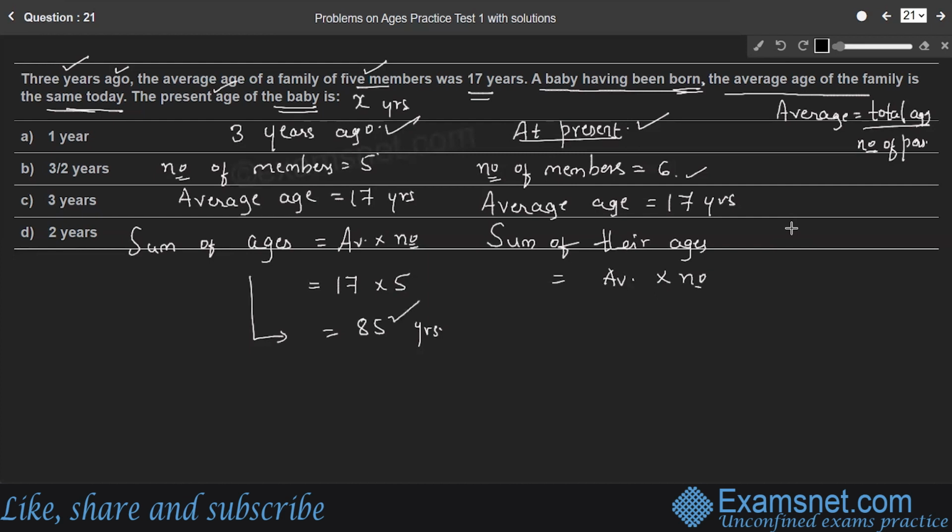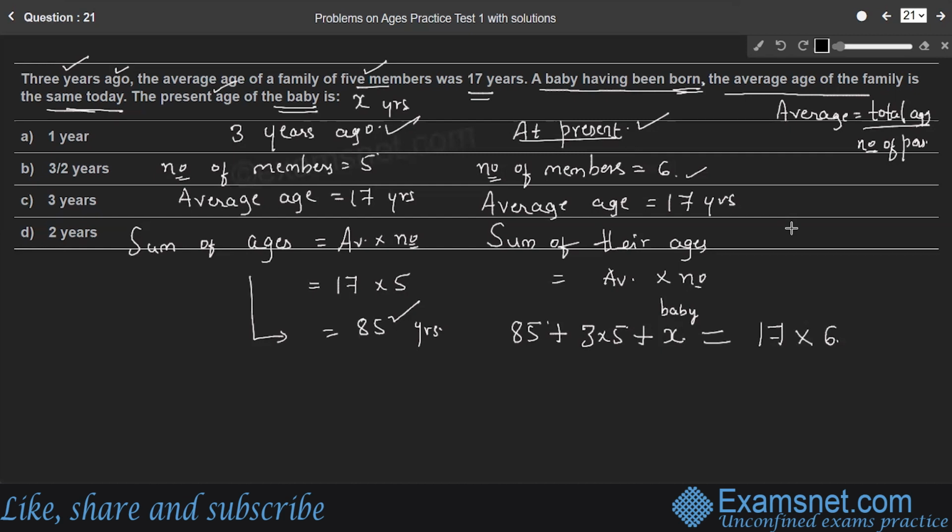The sum of the ages 3 years ago was 85, plus after 3 years each person's age increased by 3. There are 5 members, so 3 into 5, plus the age of the baby X, is equal to the average 17 into the number of members 6.